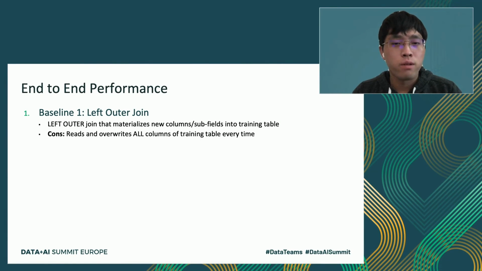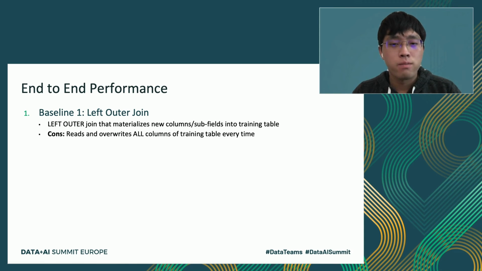Here we give a performance comparison between our aligned table solution and two baseline solutions. The first baseline solution is what we described before, which is a left outer join between the training table and feature tables, and the output will be a materialized training table with the new feature added. The cons of this solution are pretty obvious.